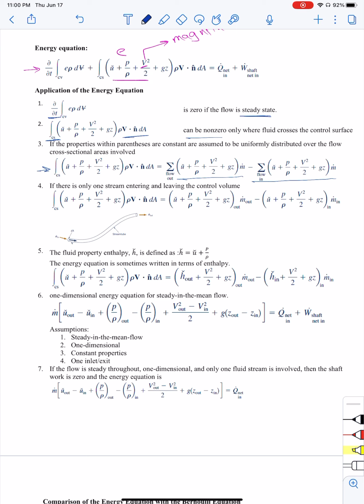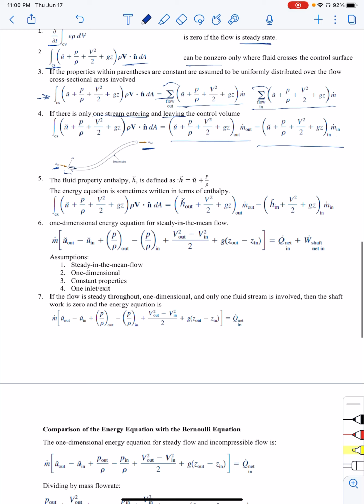And then if we only have one stream entering and leaving, like this shape here, a small stream tube, with the mass flow rate going in from here and the mass flow rate coming out from this section, right? So if we have only one stream, there is no sigma anymore. This is for flow out, there's just one, and this is for flow in.